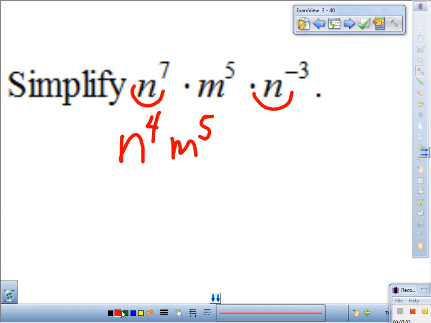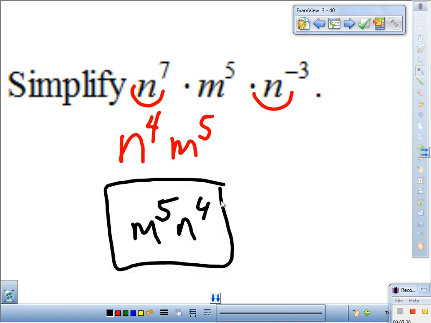Tell your neighbor. Very good. Alphabetical order when it's a monomial, yes? So this is n to the 5th, n to the 4th. When it's more than a monomial, like a binomial, trinomial, then it has to be in standard form. Okay?